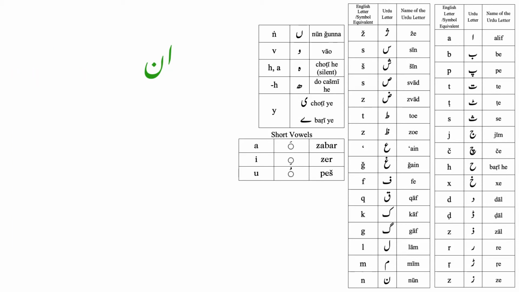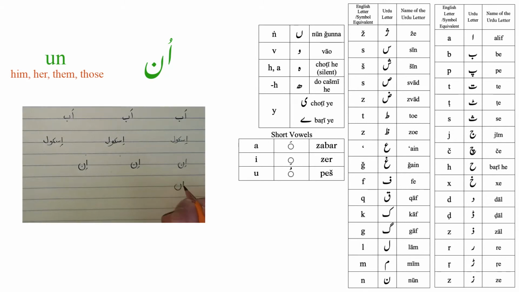Just like with in, if we place a pesh above the alif, it becomes un. And un could mean him, her, them, or those. So that's why sometimes it becomes necessary, especially as a beginner, to pay attention to the symbols. But with enough practice, you'll be able to recognize these words using the context.